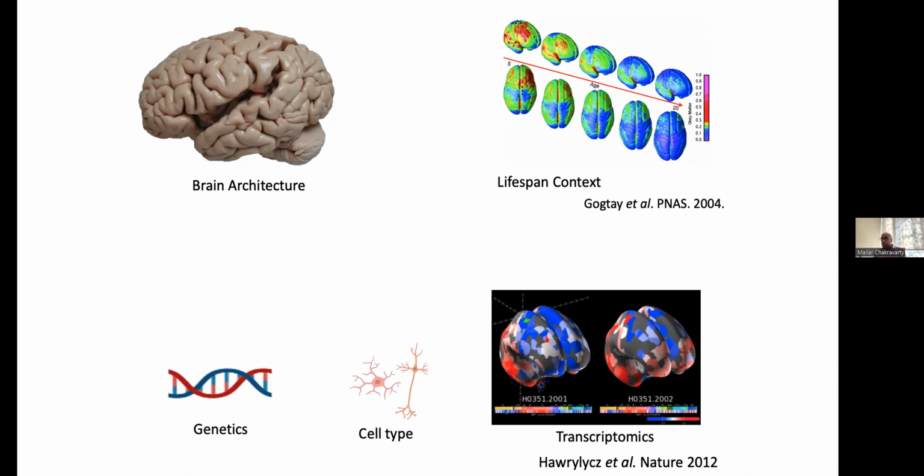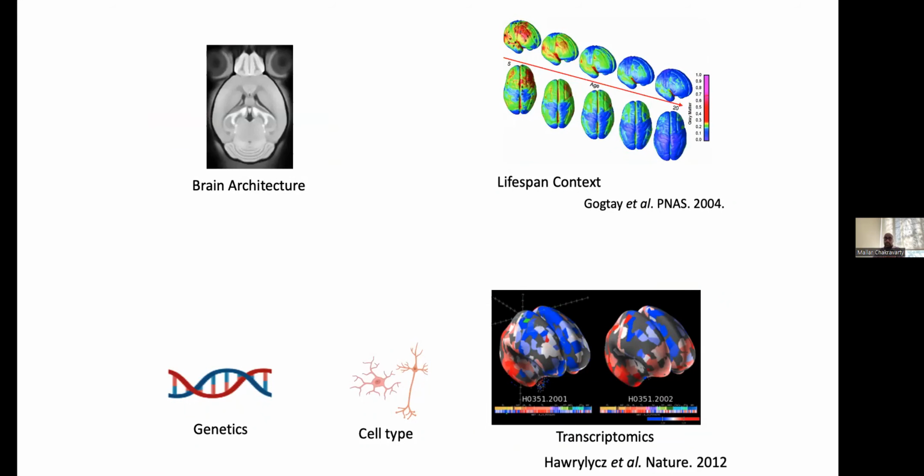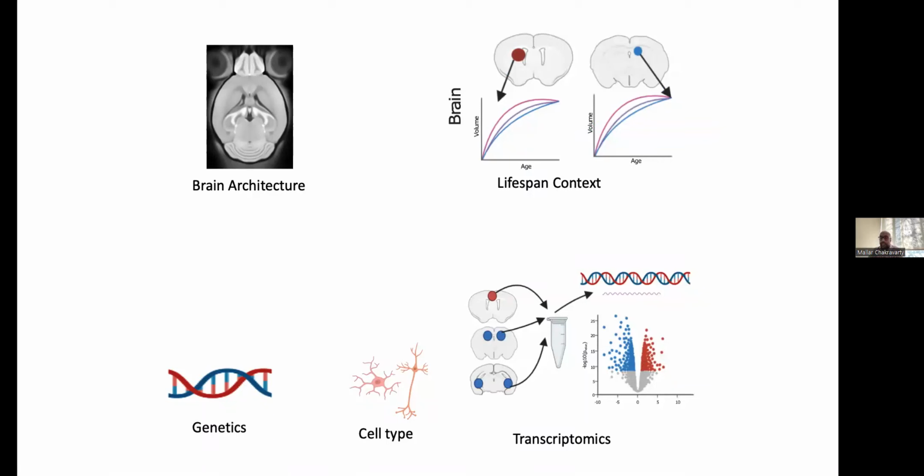That presents a huge opportunity in the context of translational imaging, in animal imaging, where, as many people on this call know, you can get really nice assays of brain architecture. The mouse brain, the species of choice in our case, is very small and isn't folded, but you can still develop similarities between the mouse brain and the human brain that you want to investigate. You can develop a lifespan context in a relatively short period of time: from birth to adulthood takes about 90 days for a mouse, and the gestational period is only 21 days.